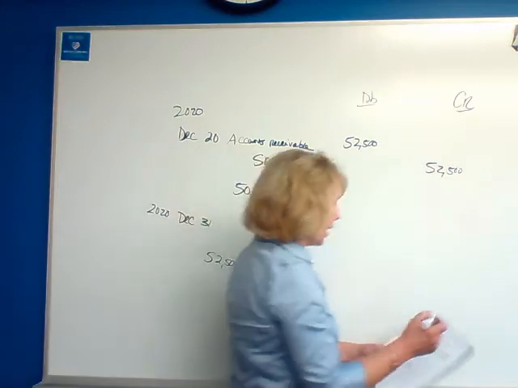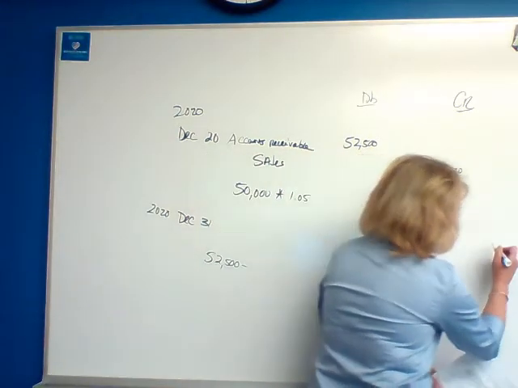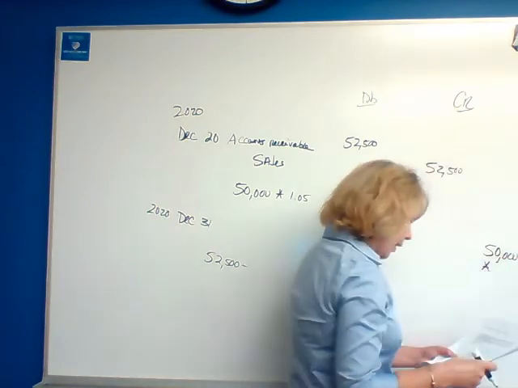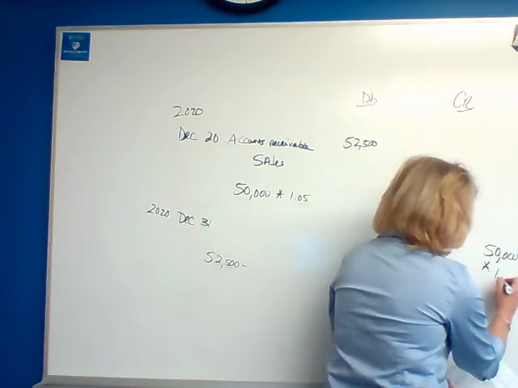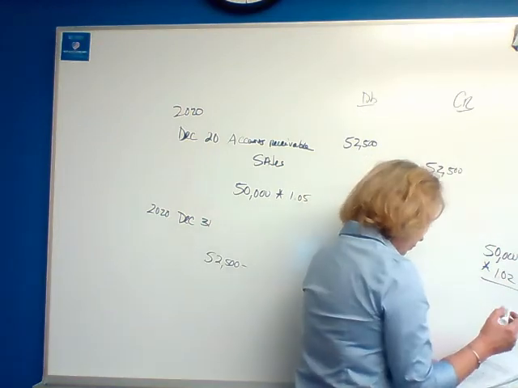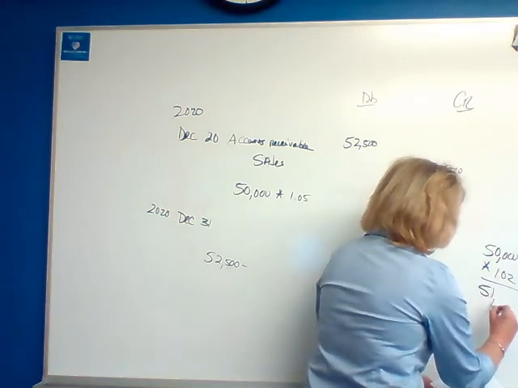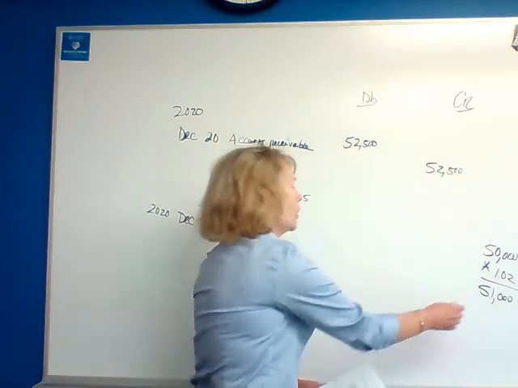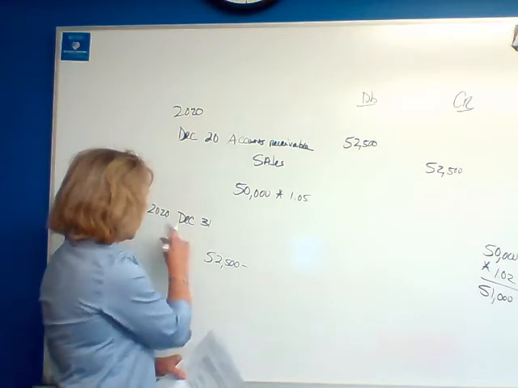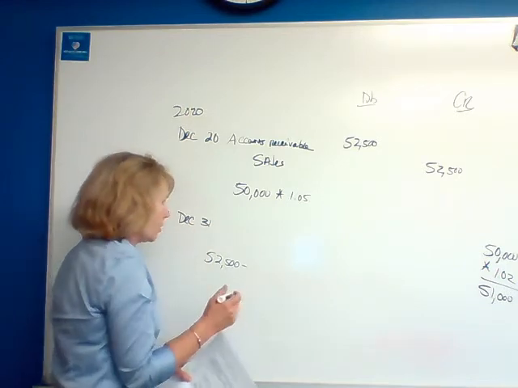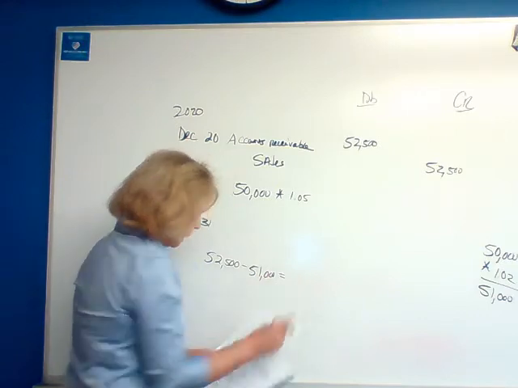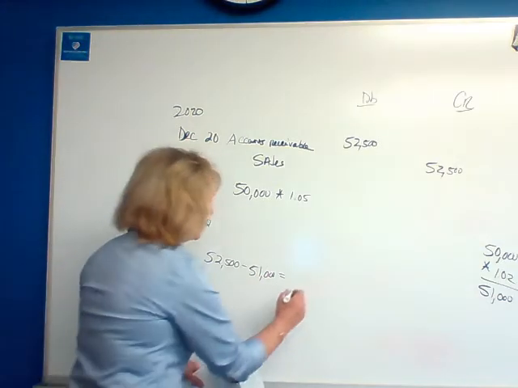It was 52,500 minus the new value. You take the 50,000 and multiply it by 1.02. That gives you 51,000. That's what this is valued at right now at the end of December 31st, 2020. So your adjustment, you just take the difference, and that's $1,500.